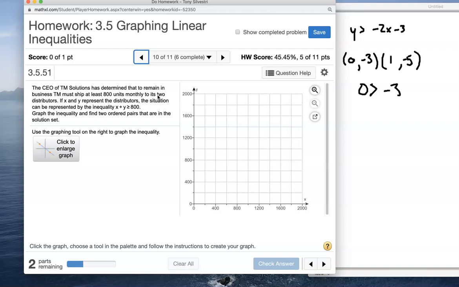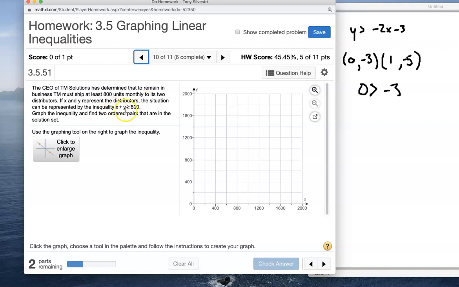Okay, the CEO of TM Solutions has determined that to remain in business, TM must ship at least 800 units monthly to its two distributors. If X and Y represent the distributors, the situation can be represented by the inequality X plus Y is greater than or equal to 800.